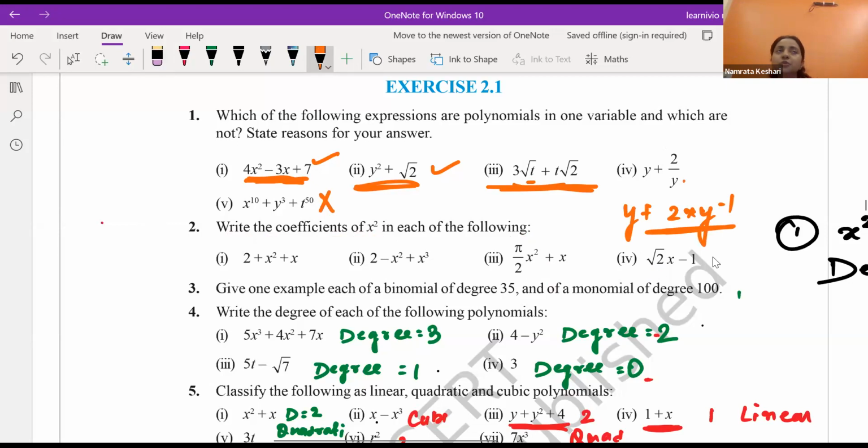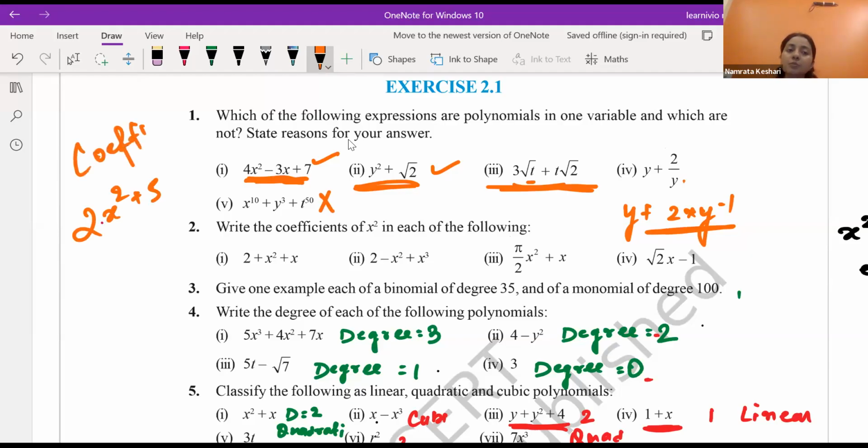Do you know what is coefficient? If I am writing 2x square plus 5 and I am asking what is the coefficient of x square? Coefficient means the multiplier of x square. What is multiplied with x square? 2. Okay, and we will say the coefficient of x square is positive 2.